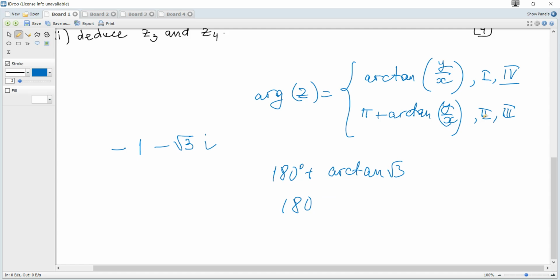For the second quadrant it is negative, and it becomes 180 minus arctangent of a positive angle.